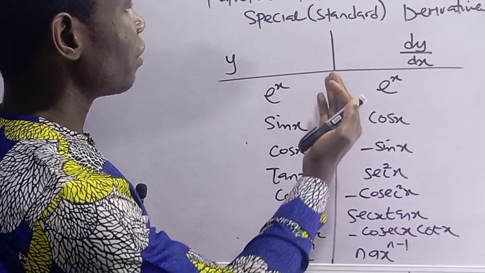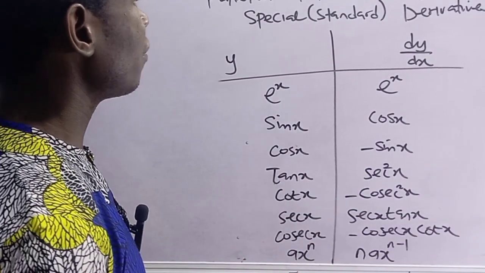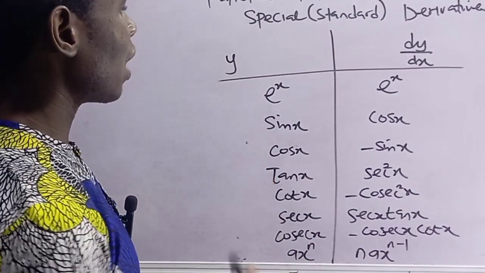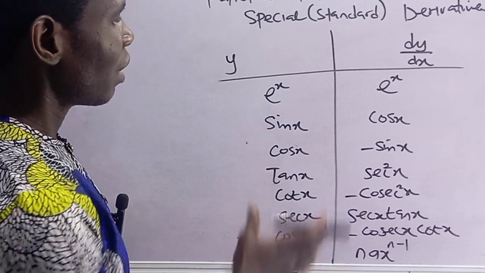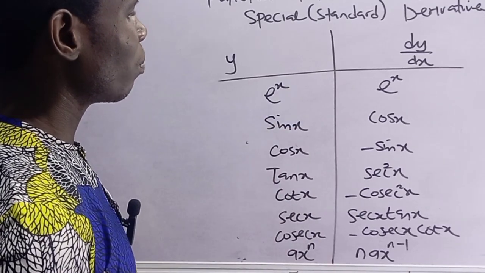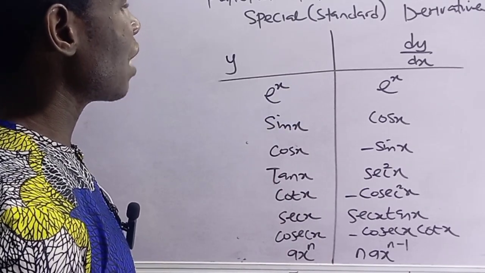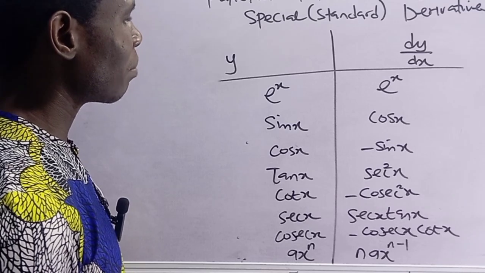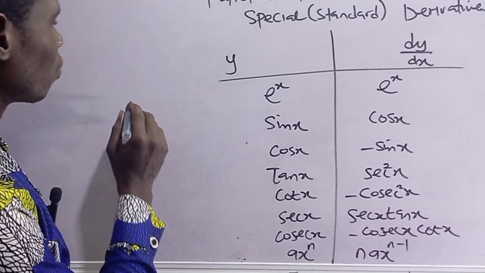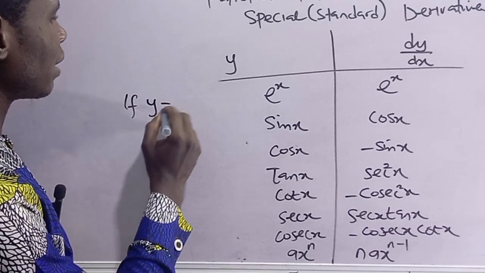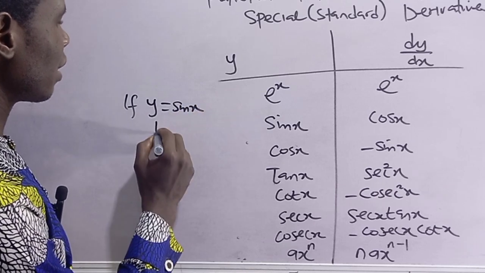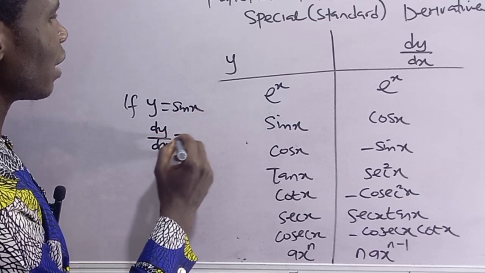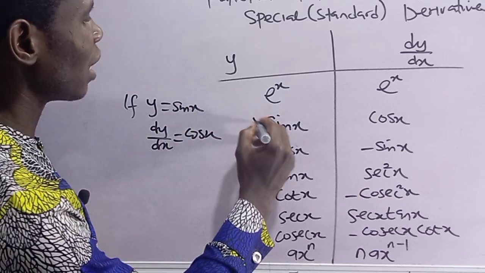This table gives the standard derivatives, or the special derivatives. These are derivatives we are supposed to have at our fingertips as mathematicians. You are supposed to know that if y is equal to sine x, dy over dx is equal to cos x, as we have it here.